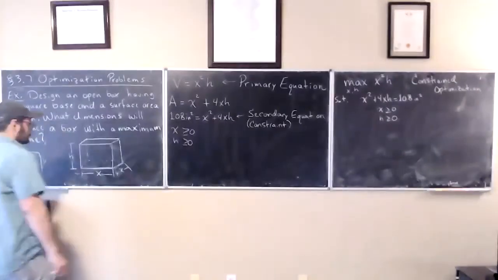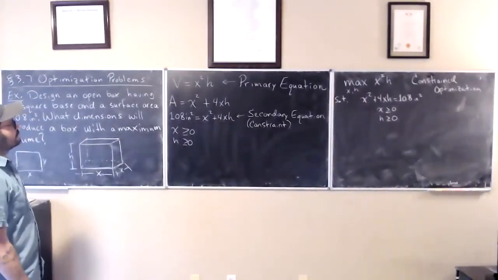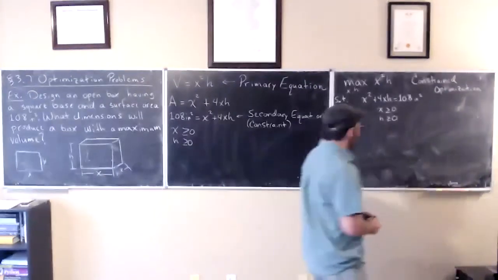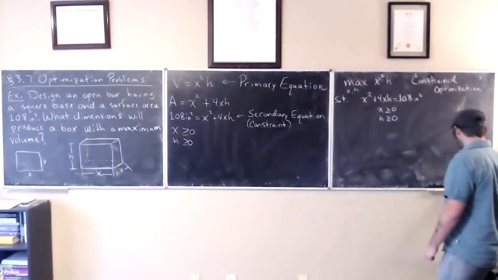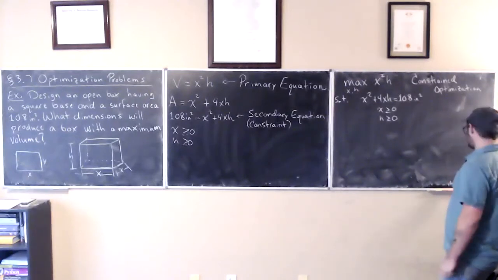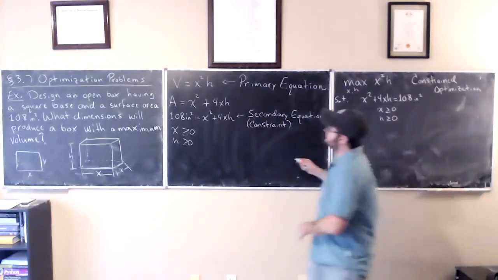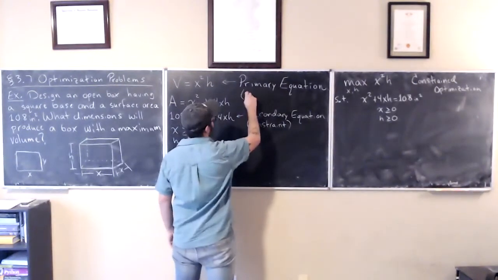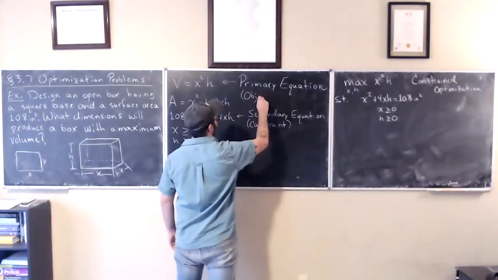Okay, so now how can we solve this? Well, typically, what you'll want to do, oh, I almost forgot that the primary equation, I would call that the objective function.